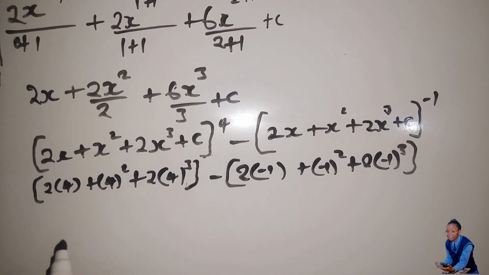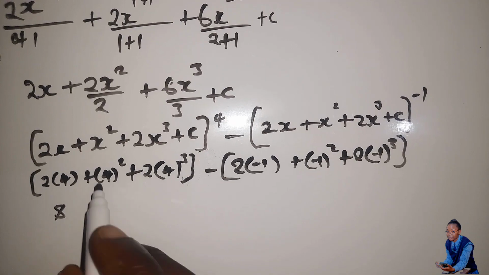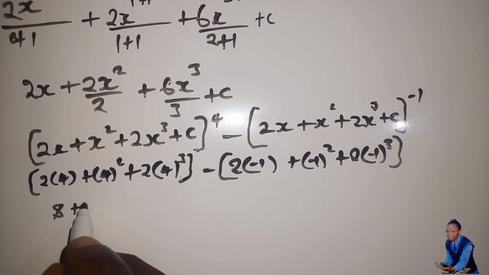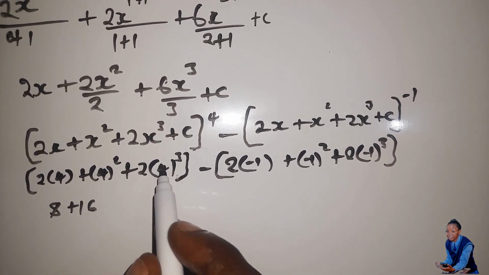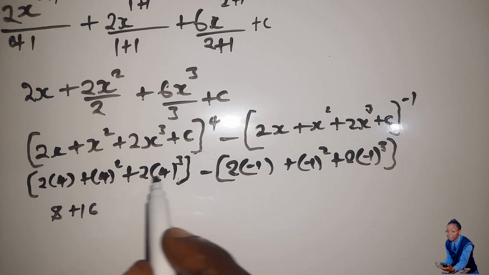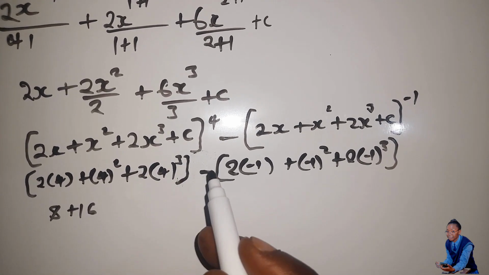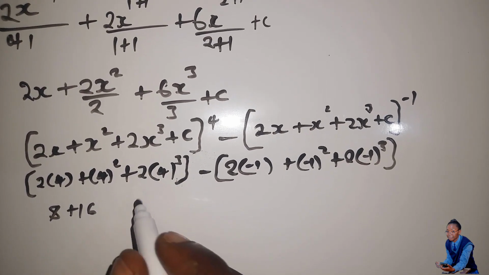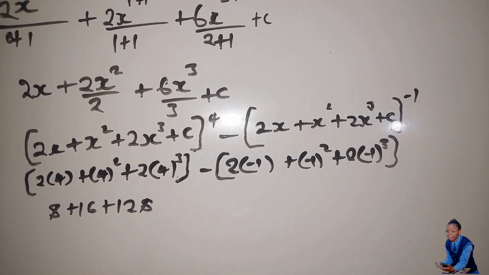Then we can further simplify. 2 times 4 is 8. 4 squared is 16. Then here you first find 4 to the power 3. Don't multiply first. 4 to the power 3 means 4 times 4 times 4, which is 64. Then 64 times 2 is 128.